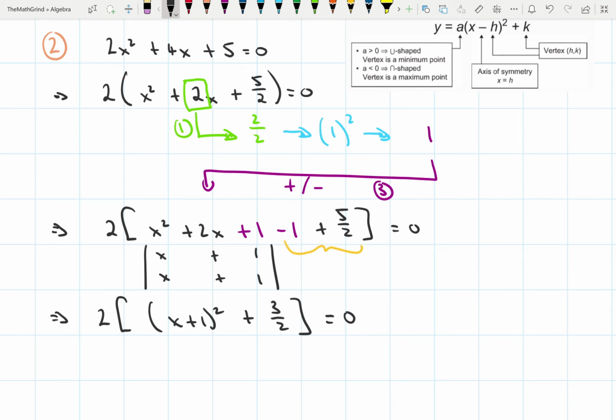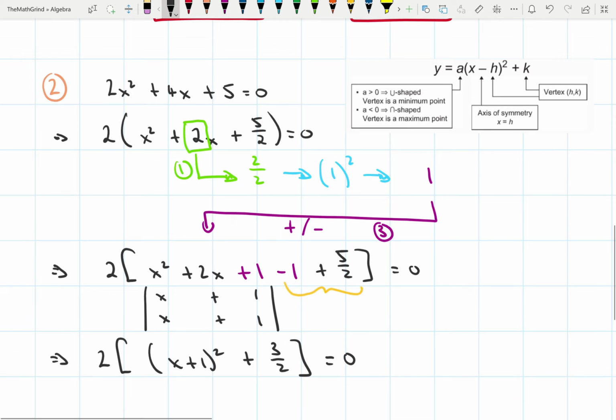Okay, now I left this general formula up here in the corner for a reason. So y is equal to a times x minus h all to be squared plus k. That a is going to turn out to be 2 now. Okay, so what I want you to notice is that that a is only being multiplied by this bracket.